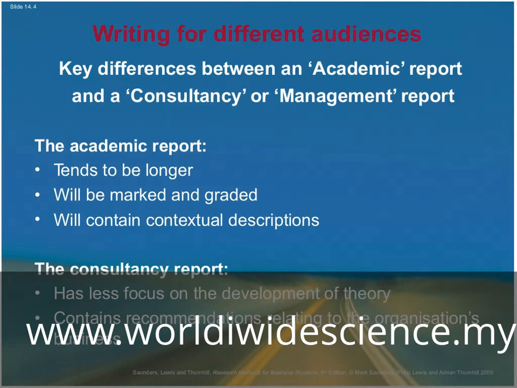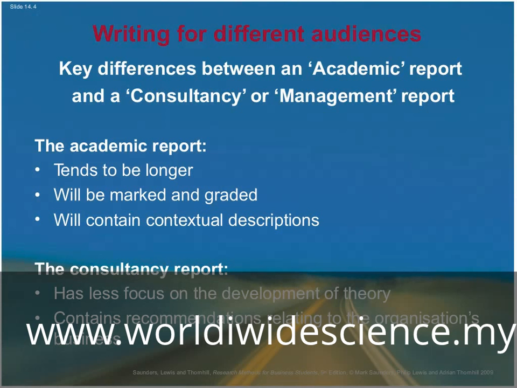The academic report tends to be longer, will be marked and graded, and contains contextual description. What does it mean? When you write your research as an academic report, you cannot just submit 10 pages, 5 pages, or 20 pages.